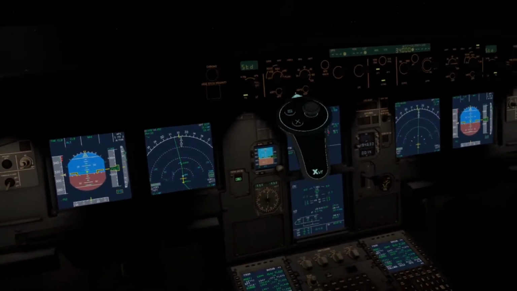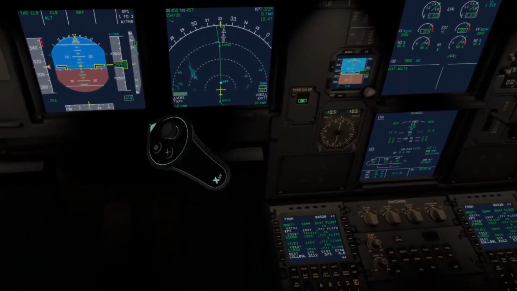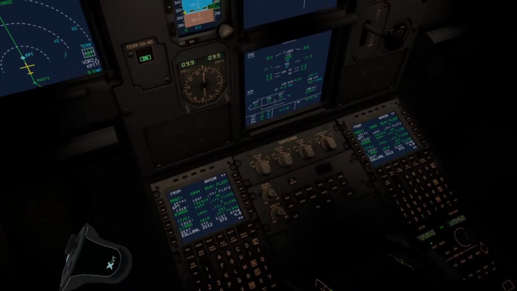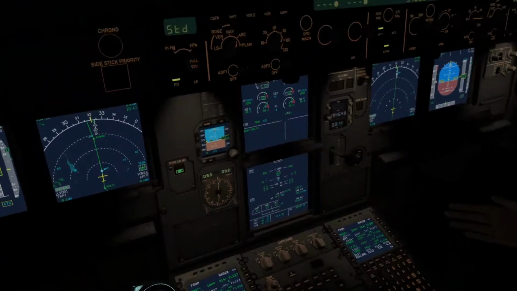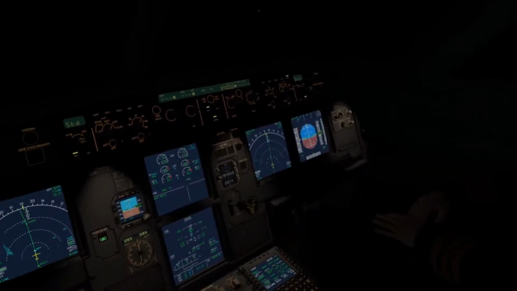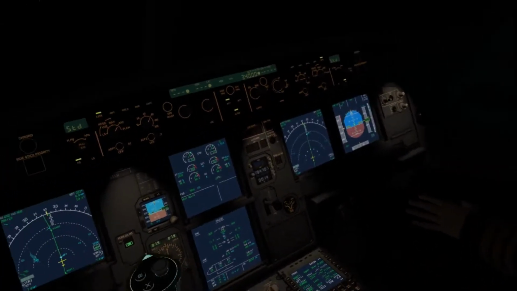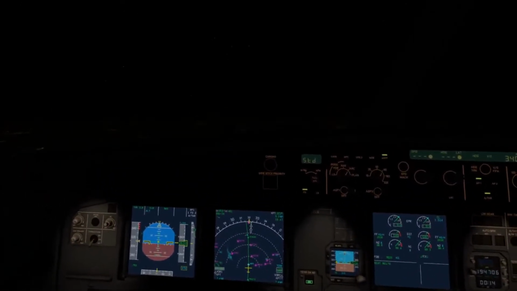Yeah, we're just about 60 nautical miles to top of cruise. We're going to arrive at 11:12 p.m. Yeah, the weather's pretty clear here.